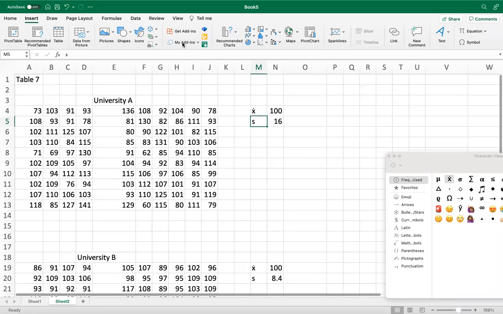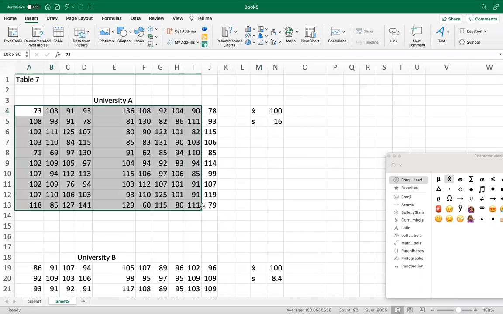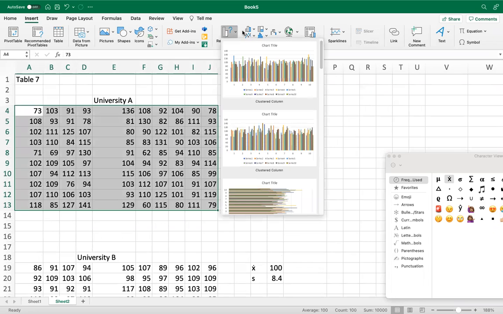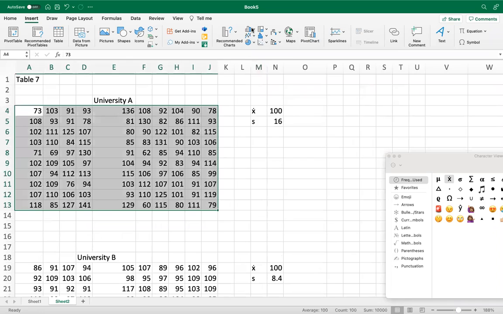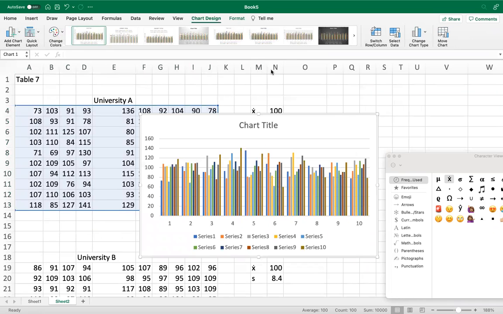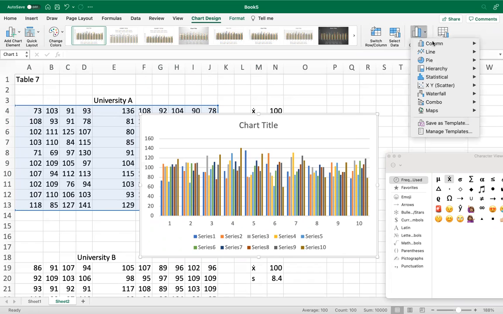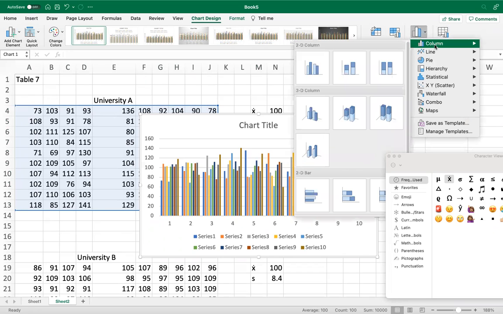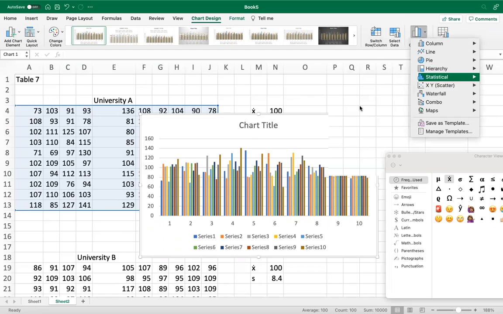Let's see. And since we just finished our graphing, let's take a look at these. Should we do one of these graphs? So try histogram.